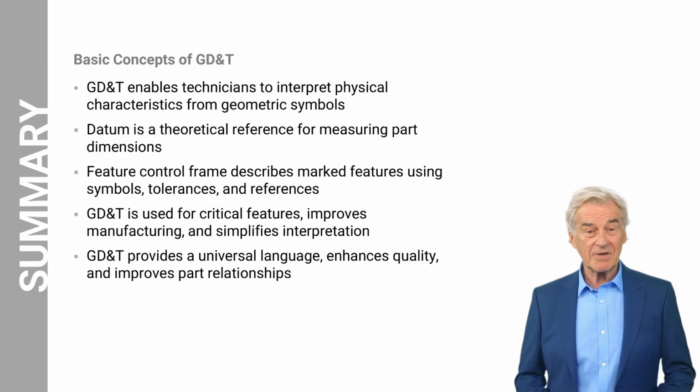GD&T is particularly valuable for critical features, as it improves manufacturing processes and simplifies drawing interpretation. It provides a universal language for technical communication, which improves overall quality and clarifies relationships between different parts in assembly. By standardizing these aspects of design and production, GD&T significantly streamlines the manufacturing process and reduces potential errors or misunderstandings.